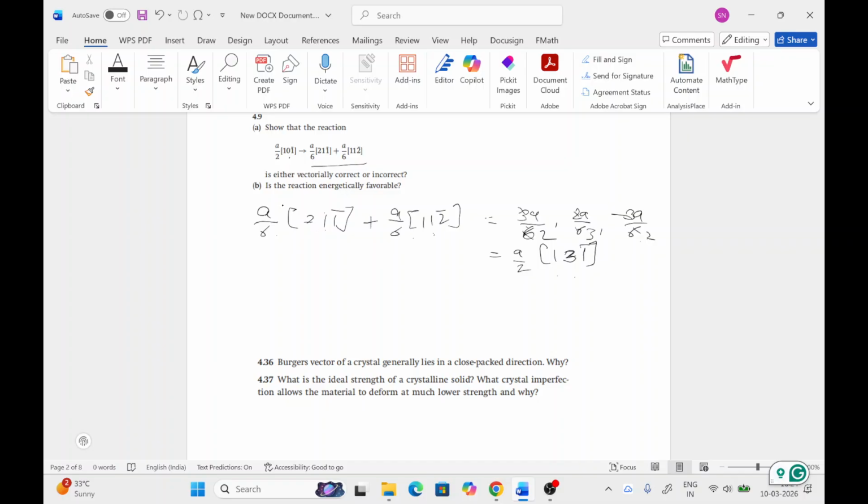If we want to find whether the reaction is energetically favorable or not, we calculate the energy. A square by 4 times minus 1 square plus 0 plus 1 square.